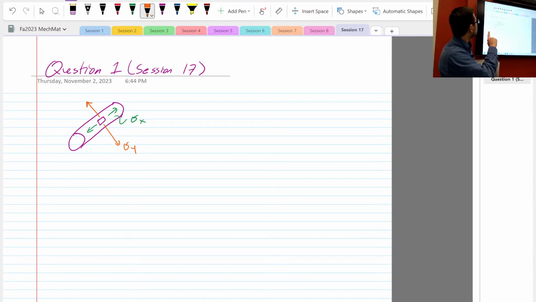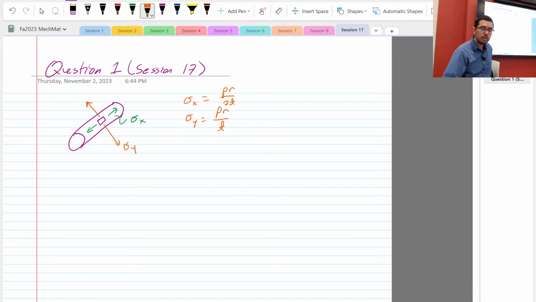Okay. So, what are sigma x and what are sigma y here? Yeah, and so in terms of quantities, sigma y is going to be PR over T. Sigma x is going to be half that, right? Okay?